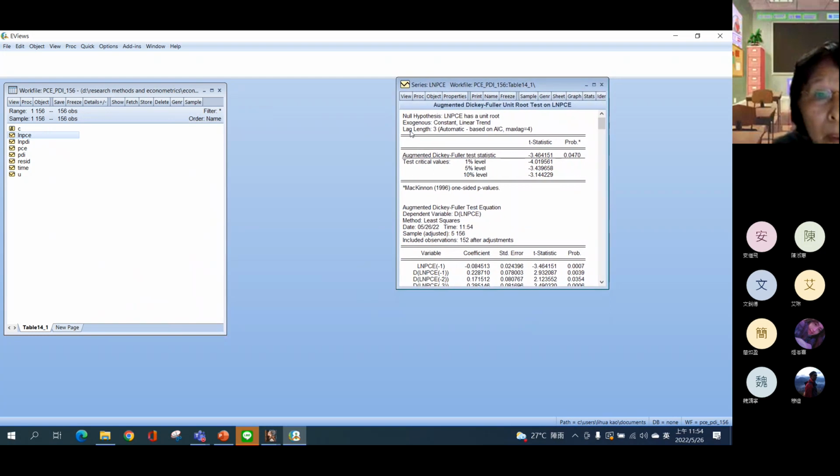Let me see. How come this is 3 and this is 4? What happened? I didn't see that before. If I use 4, this lag must be 4 instead of 3. How come this is 3?